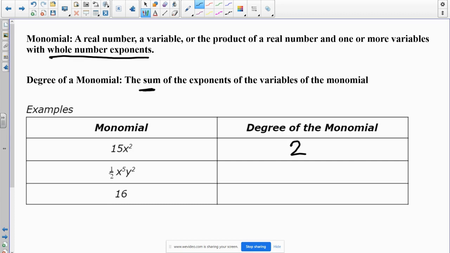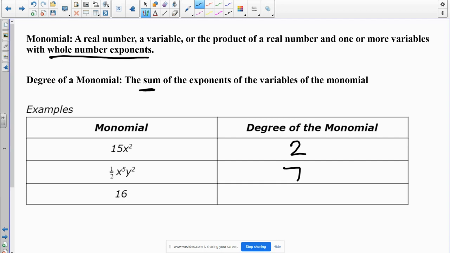Here we have a real number, a half, this time with a product of 2 variables. Notice that again, it's the sum of the exponents. So we add the exponent 5 plus the exponent 2 to get a lovely degree of 7, because 5 plus 2 is 7. The last one has just a real number, so there's no variable.